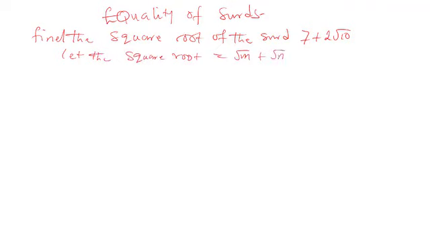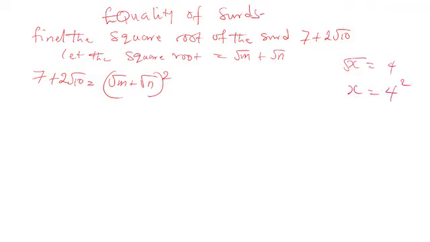So let this be the value of the square root, and if this is the square root, that's to say 7 plus 2 root 10 will be equal to root m plus root n all squared. Now if the square root of x is 4, x will be equal to 4 squared.